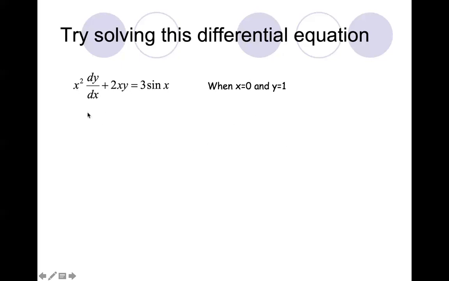If you differentiate x squared times y, you are going to get this, right? To differentiate x squared times y, you leave x squared, you differentiate y, and then you leave y, you differentiate x squared, you get 2x.